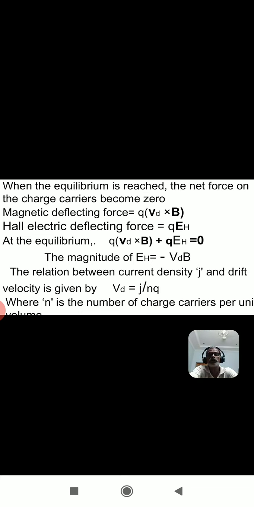Due to the Hall electric field, the force is q times E bar H. At equilibrium, the sum of these two is equal to 0, so that the magnitude of EH is equal to minus Vd B. We know the relation between current density and drift velocity: Vd is equal to J by nq, where J is the current density, n is the number of charge carriers per unit volume, and q is the charge.